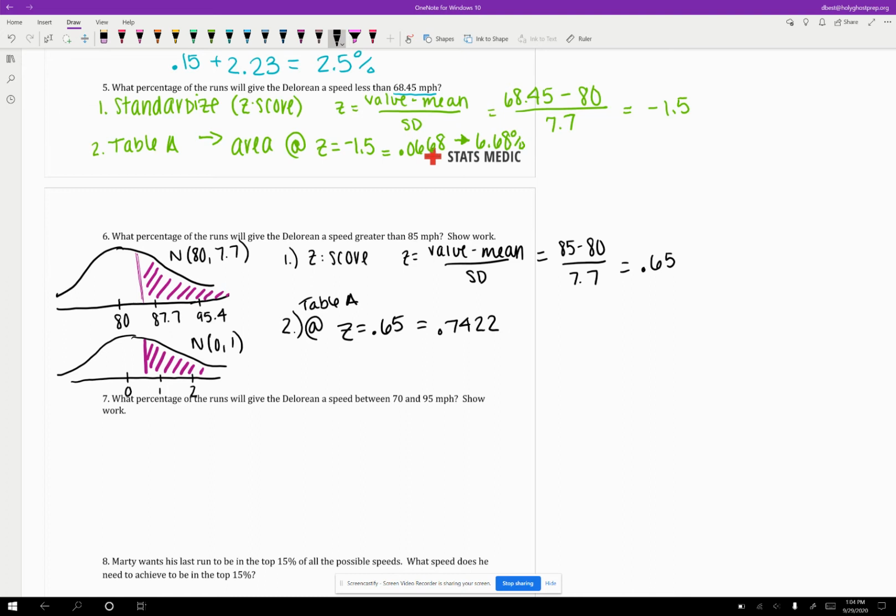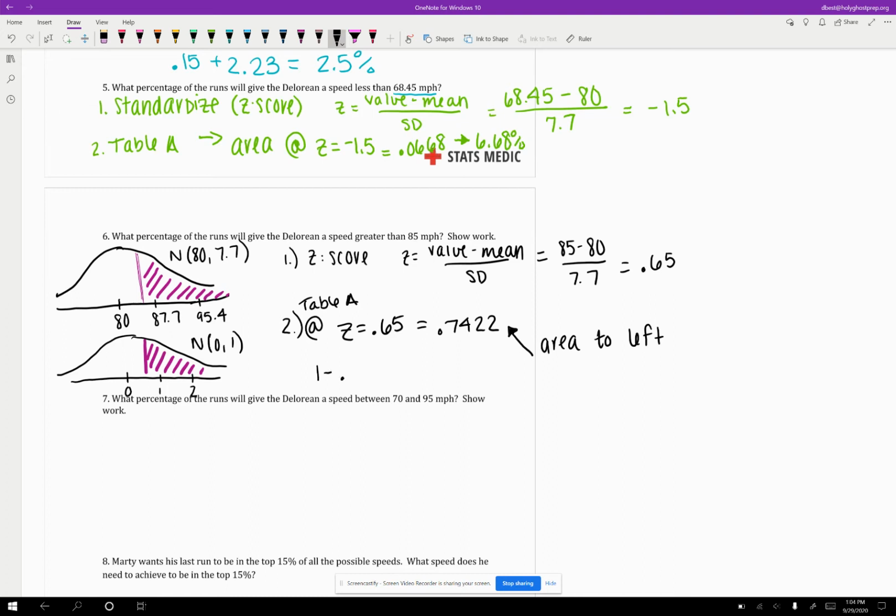Now, the important thing about table A is this value that you get from table A is always the area to the left. So it's everything that's less than. This question is asking for speeds greater than 85, which means I need to find the area to the right.